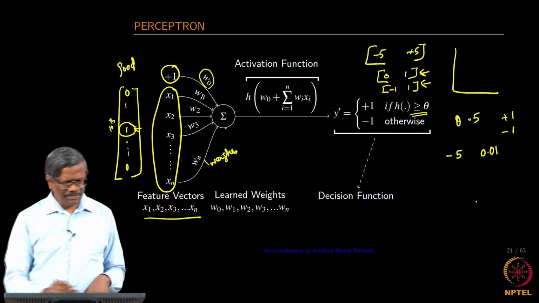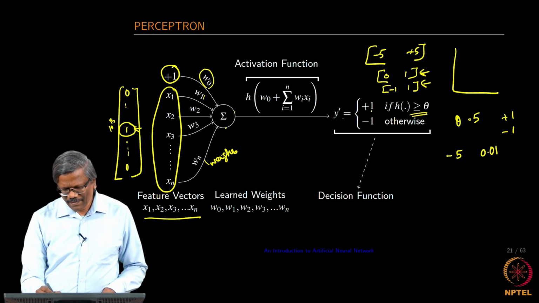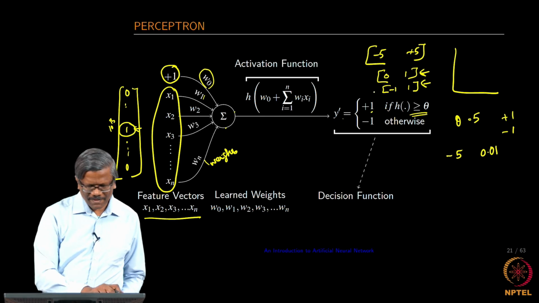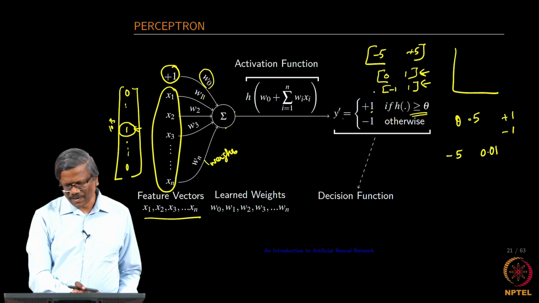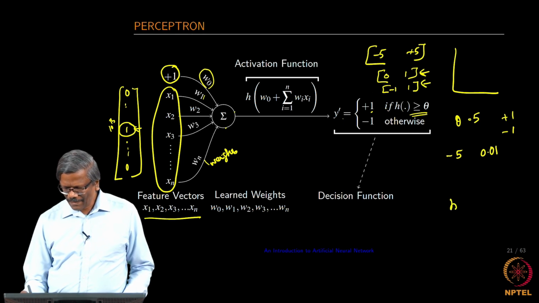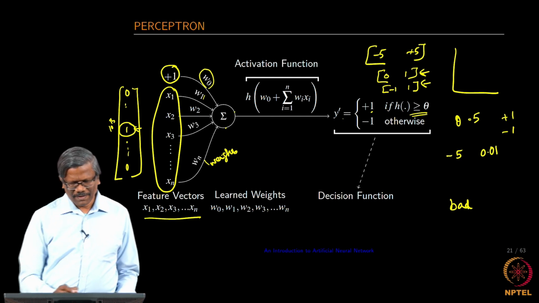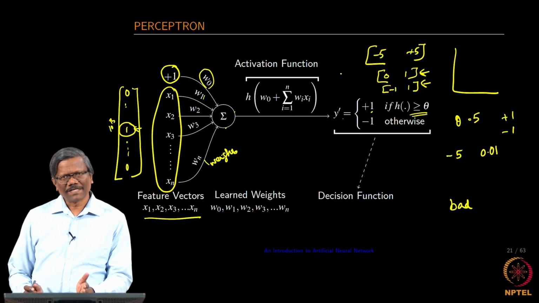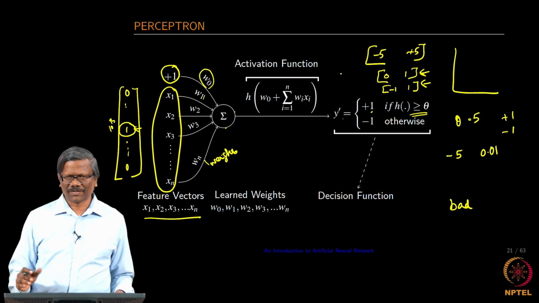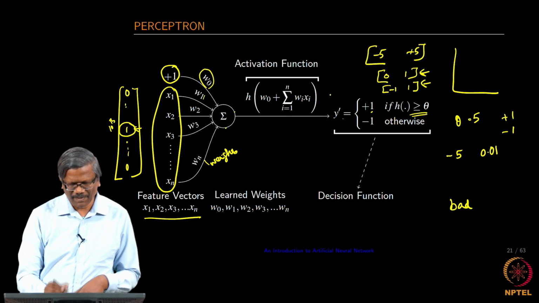In this fashion I can keep feeding the feature vectors as input, and the result is expected to be either positive or negative. For good I expect the perceptron to output +1, and for bad I expect it to output -1. The activation function squashes the value between 0 and 1, and the decision function decides whether it is positive or negative depending on the value it received from the activation function.